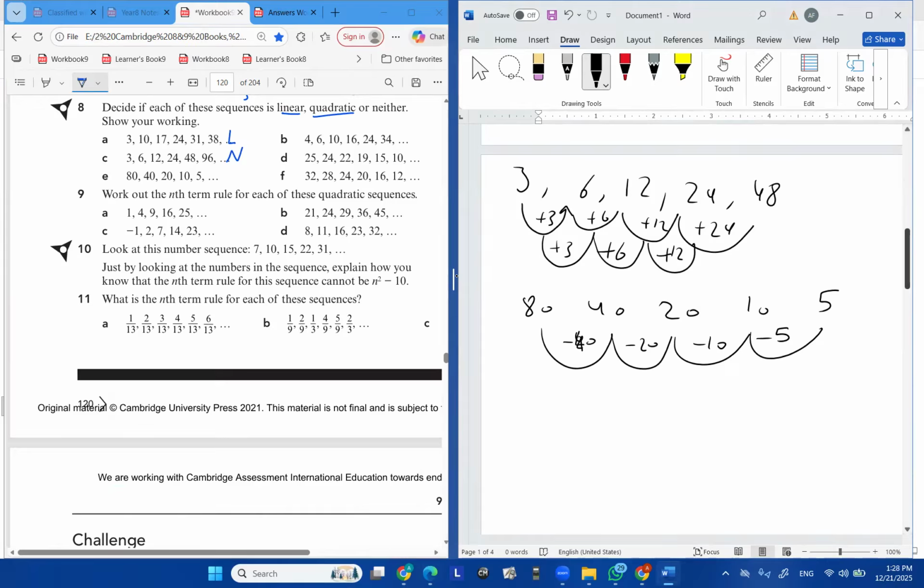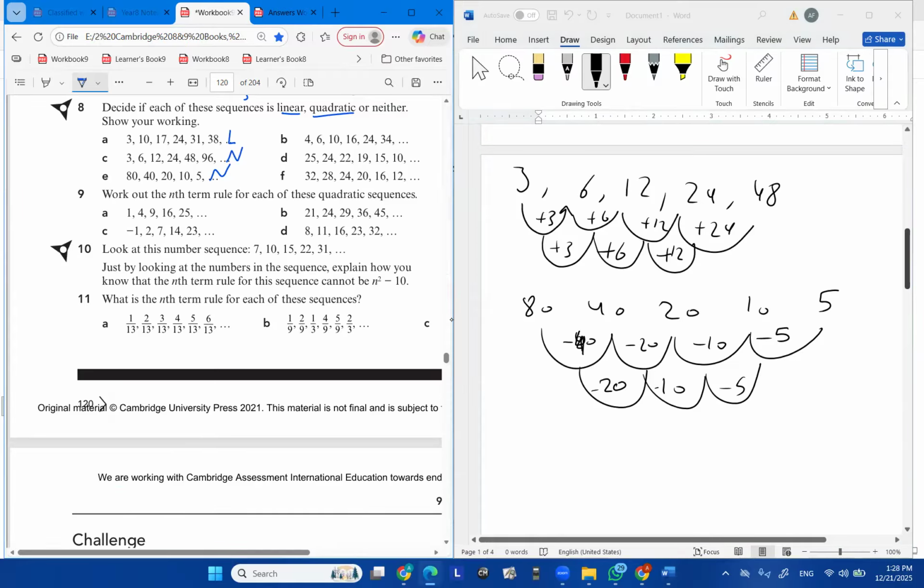The difference here is 20, or minus 20, whatever, while here it becomes 10, and here it becomes 5. So what is happening? The differences between them are not the same. So it is neither. Good? It is neither.